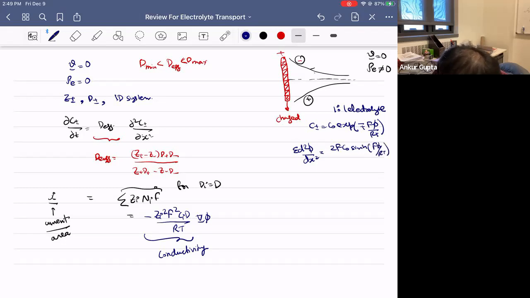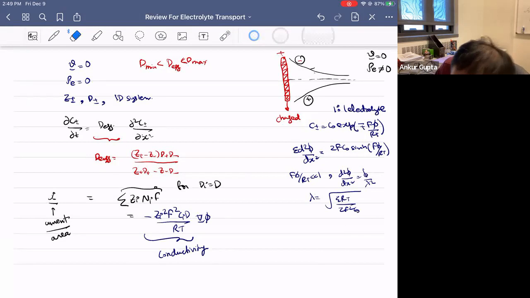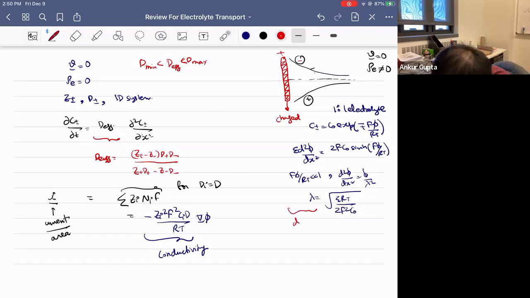For small potentials, we basically get d square phi by dx square equals phi by lambda square, where lambda is the Debye length, lambda squared equals epsilon RT by 2F square C naught. This is the Debye length. This is what you get for the small potential limit.